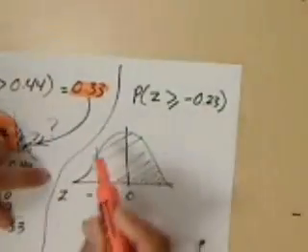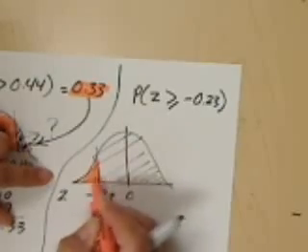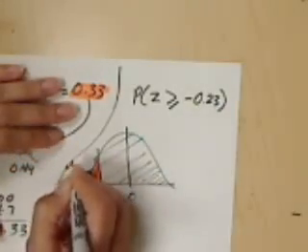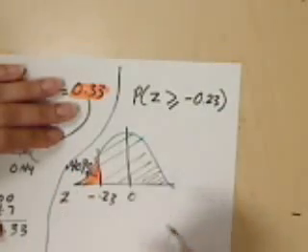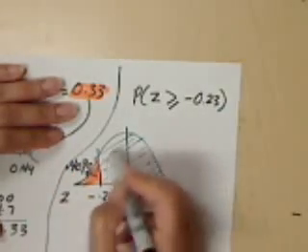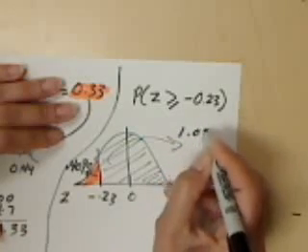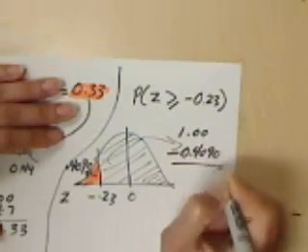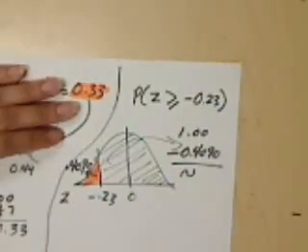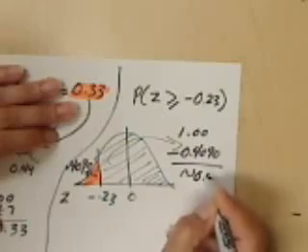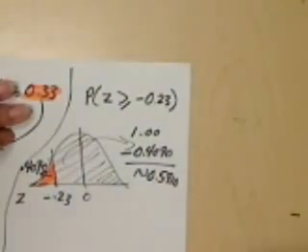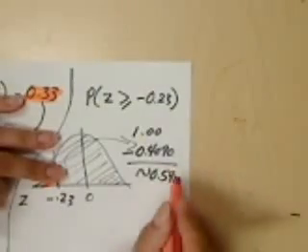So this tail is 0.4090. Since I want this shaded area, all of this would be 1 minus 0.4090, which would be approximately 0.5910. So that would be the answer to this question.